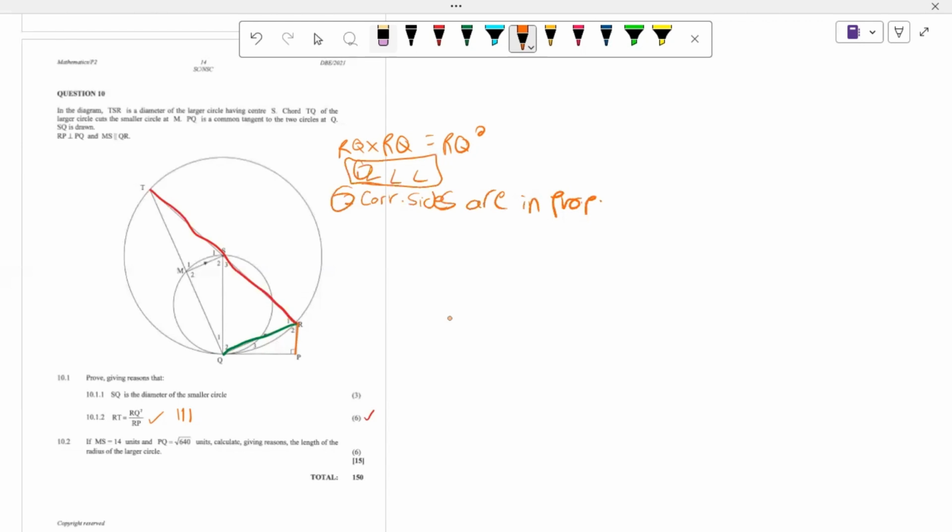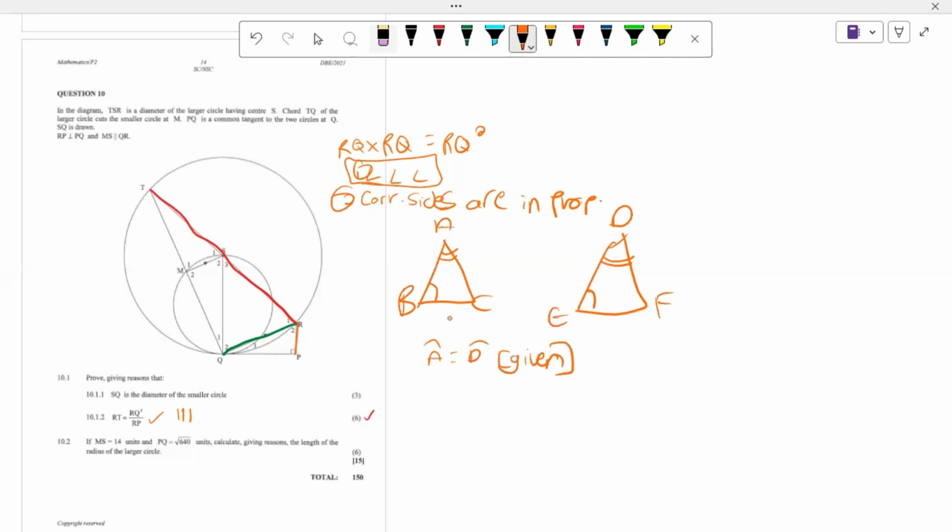So for instance, I'm not answering this question. Let's say I have triangles ABC and DEF. I am told that A is equal to D, and B is equal to E, then prove similarity. I'll say A is equal to D, given, and B is equal to E, also given.